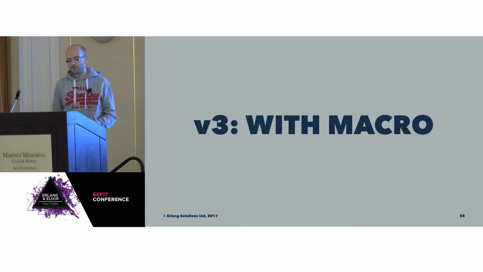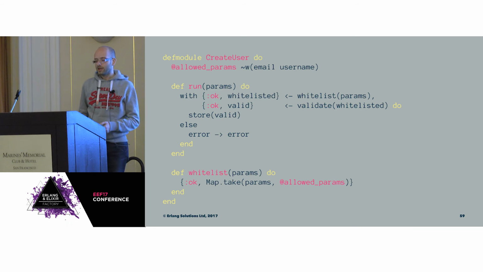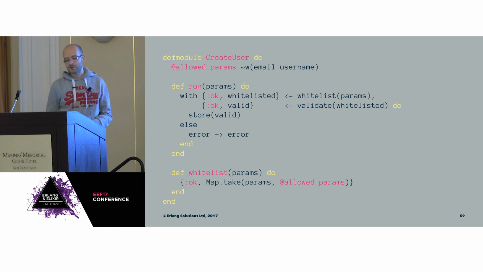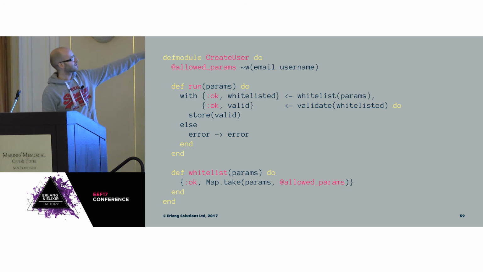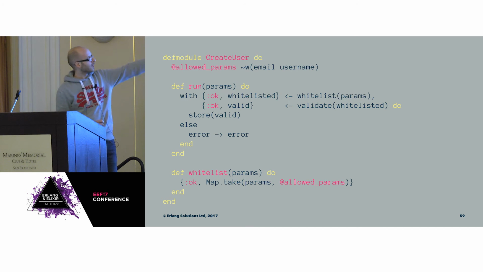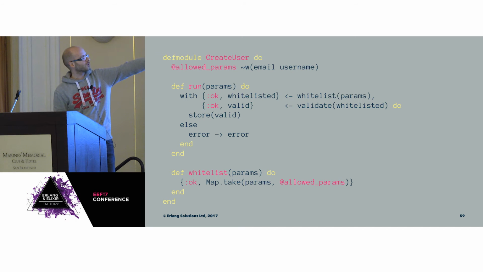There is just a much better approach, which is the usage of the with macro. Now, the with macro is like a supercharged combination of pattern matching and the pipe operator. The way you read a with statement is you start from the top, and if the computation on the right returns something that matches on the left, you go to the subsequent line and do the same thing.